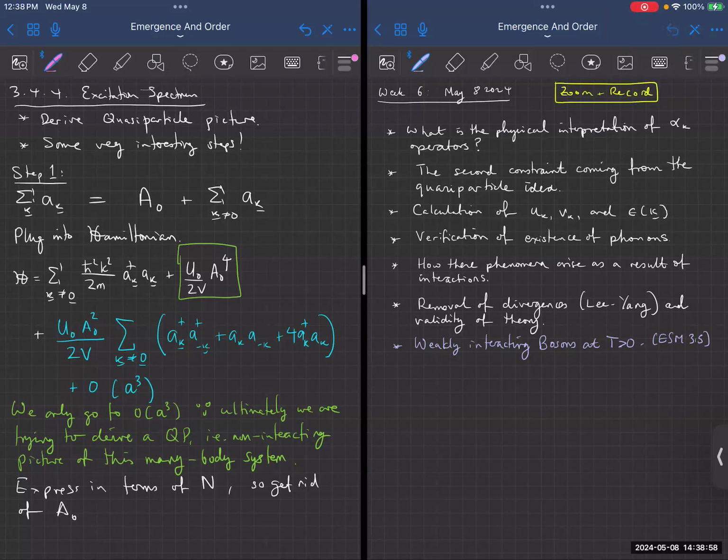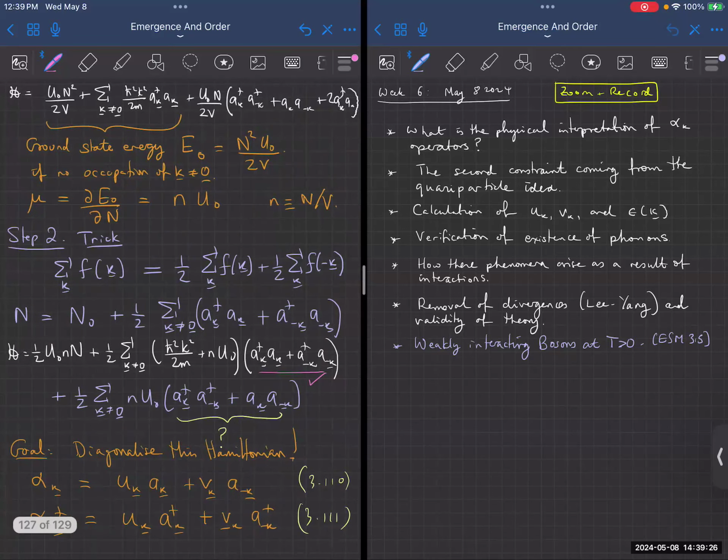And that led us to the form that you can see here on the left-hand page, where we are simply looking at the Hamiltonian to second order in the operators. And again, because they're so much smaller, the occupation number of those states is so much smaller than the occupation number of the ground state.